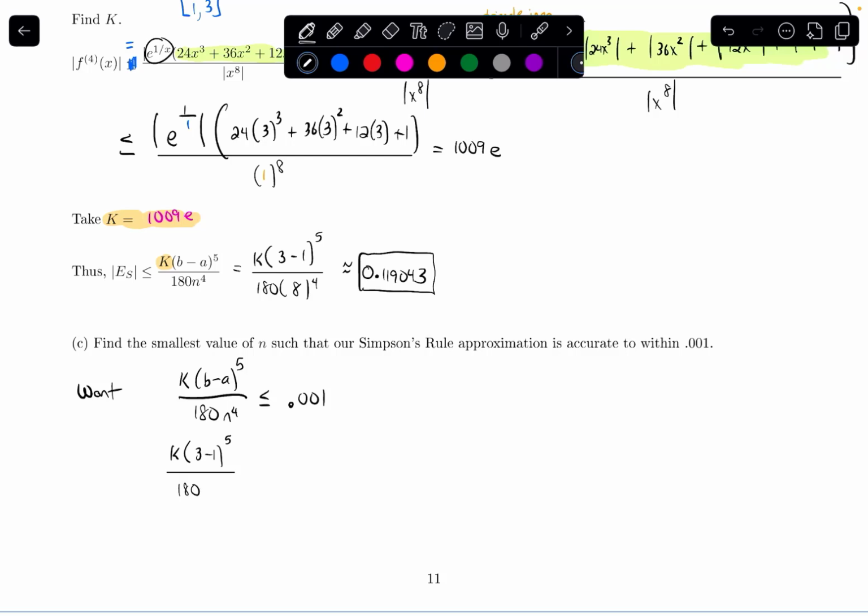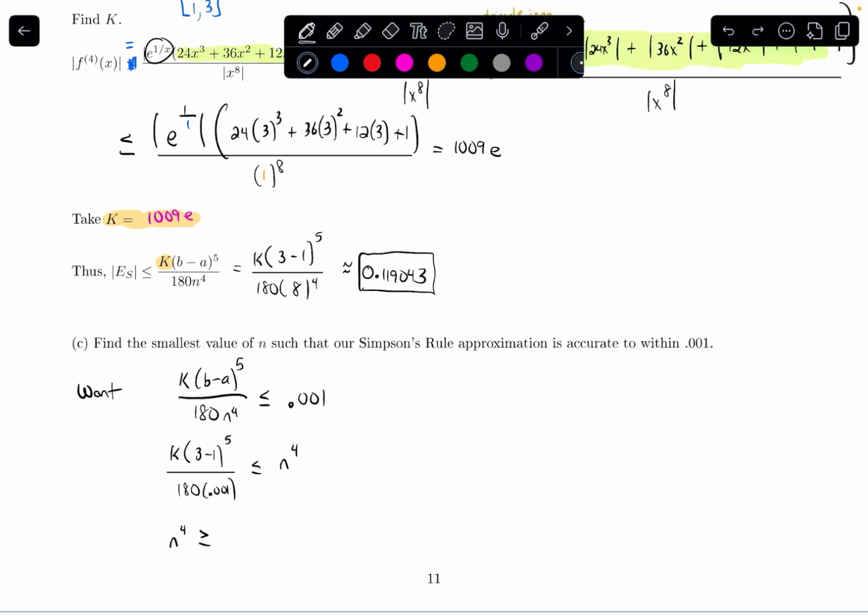So what I'm going to do is rearrange some terms. I'm going to divide this 0.001 over to the other side. So divide by 0.001. And then I'll multiply n to the 4th over to this side. So I'm trying to isolate the n. All right, so what we're getting now, let me just write the n part first. N to the 4th is greater than or equal to this whole fraction.